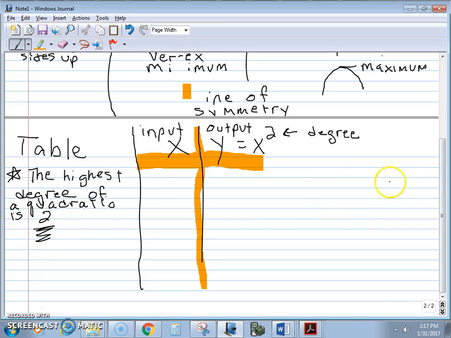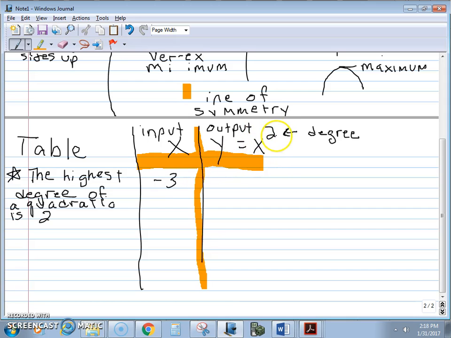So remember how we could tell in an exponential relationship, I can tell it's exponential because my exponent is a variable. Well, I can tell that an equation is quadratic because my highest exponent is going to be 2. My highest degree is going to be 2. So just FYI.